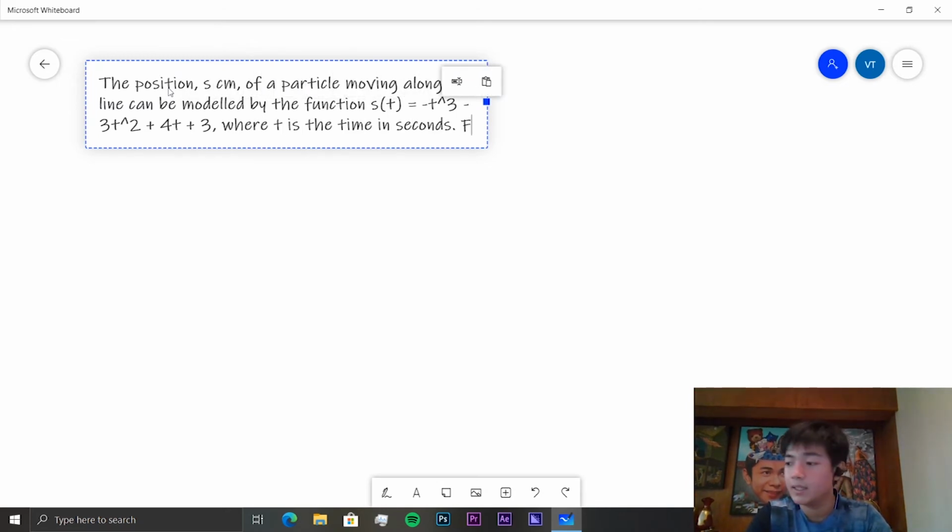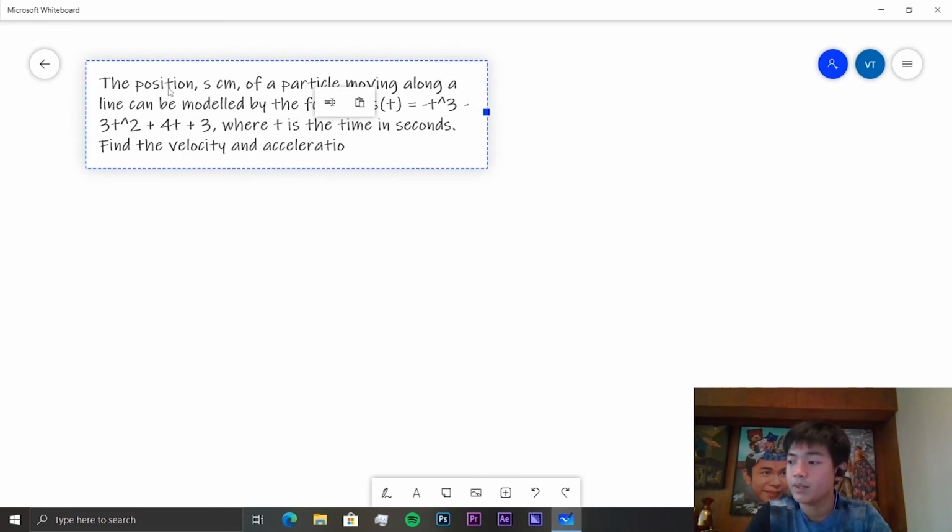Find the velocity and acceleration of the particle at any time t.